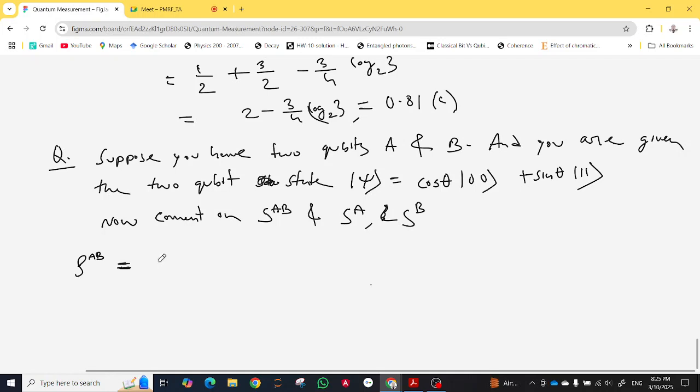So rho AB will be given by psi psi. If you do this, what will you get?